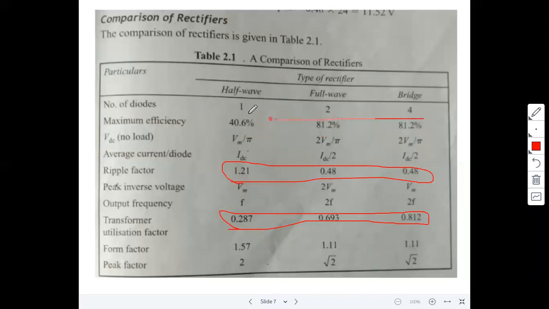And the efficiency: here only 40%, here it nearly doubles, 81.2%, here also 81.2%. And how much DC is contained in the output? It is Vm by pi, and in the remaining two cases, 2 Vm by pi.